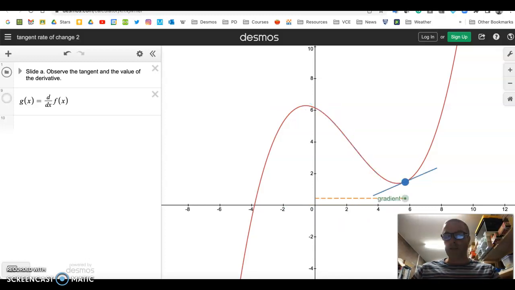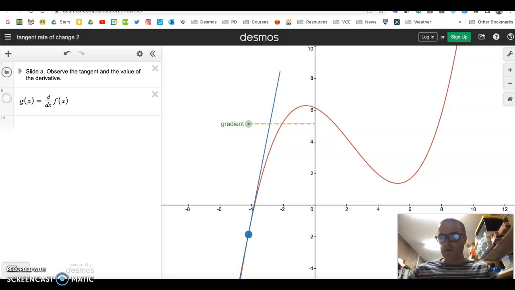And there is another stationary point over here, and in between those two stationary points, by looking at the green point, we can see that the gradient is always negative below the x-axis, and then it's positive again. So as I go from left to right, maybe a bit more slowly, just keep your eye on the path of the green dot.